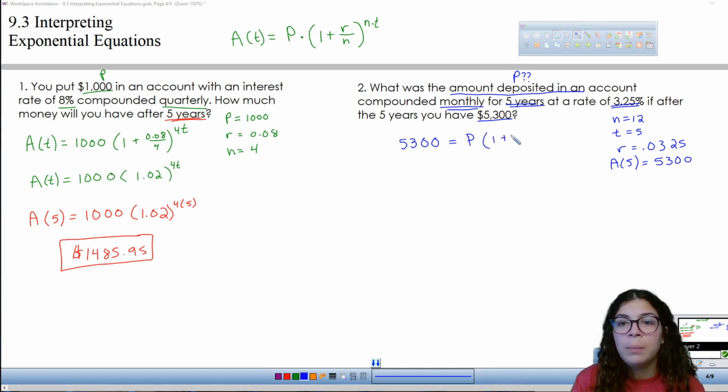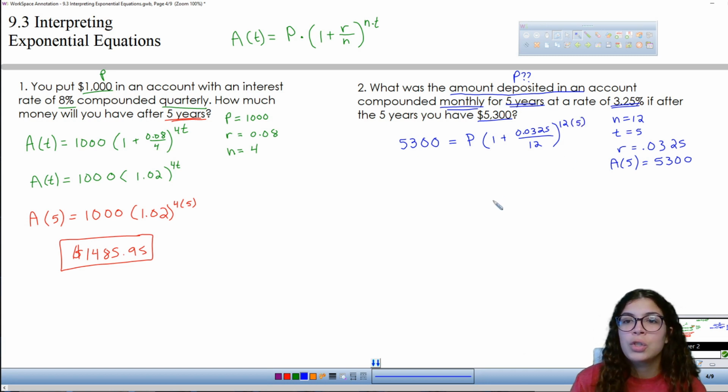And then I have 1 plus the rate was 0.0325. N, the number of times that it was calculated in the year, was 12. And then to the power of N, which is 12, times T, which was 5. So now I can go ahead and simplify. Actually, let me simplify inside of here first.